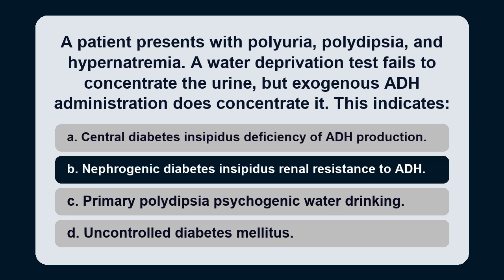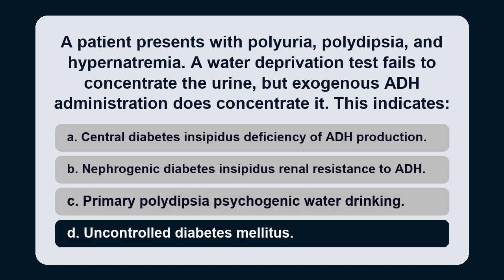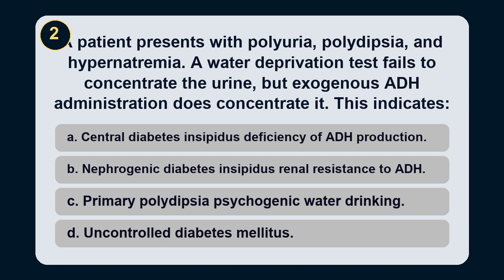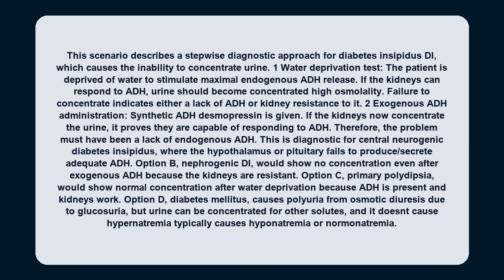Option B, nephrogenic diabetes insipidus, renal resistance to ADH. Option C, primary polydipsia, psychogenic water drinking. Option D, uncontrolled diabetes mellitus. The answer is A.